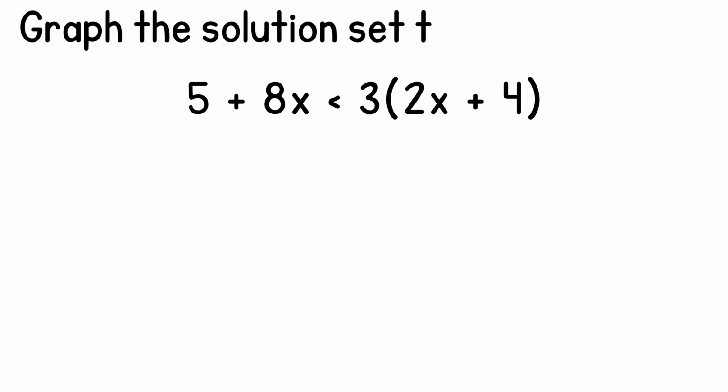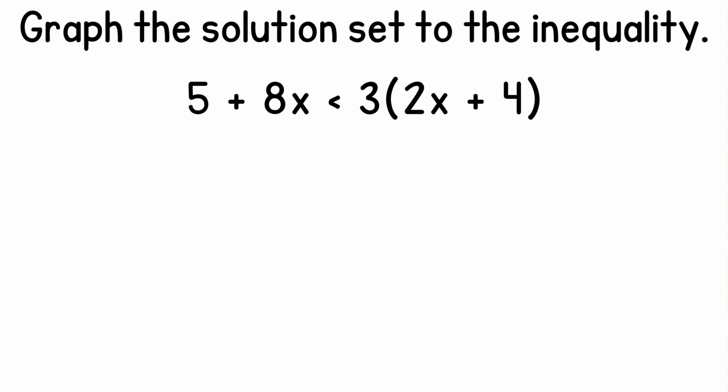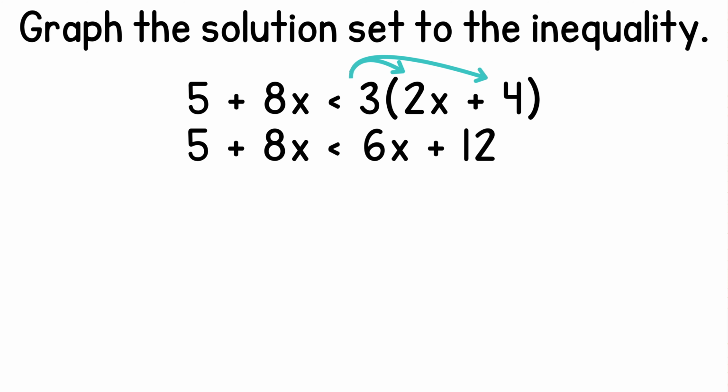Let's try one more, and when we're done solving this, we'll graph the inequality. We'll start by distributing that 3 to the parentheses. This gives us 6x + 12. Now we'll try to get the variables on one side. It doesn't matter which variable we move, but moving the smaller one helps us avoid negatives, so we'll subtract that 6x from both sides.